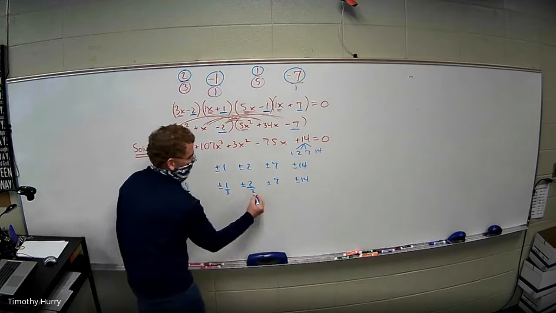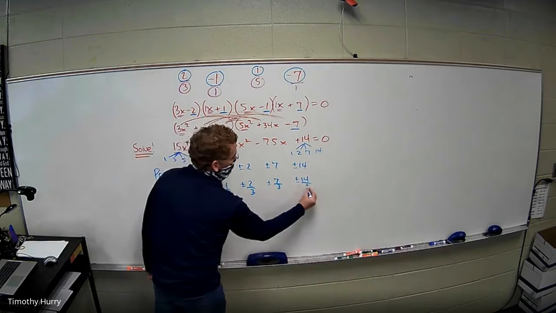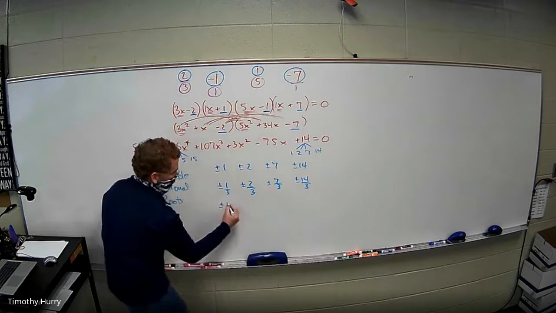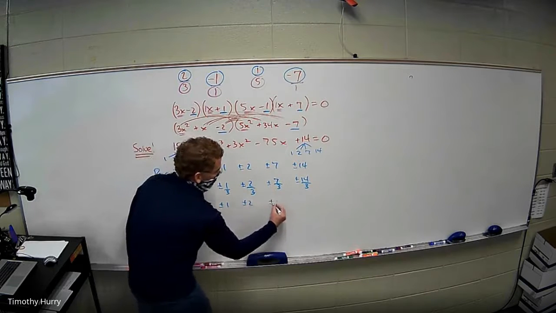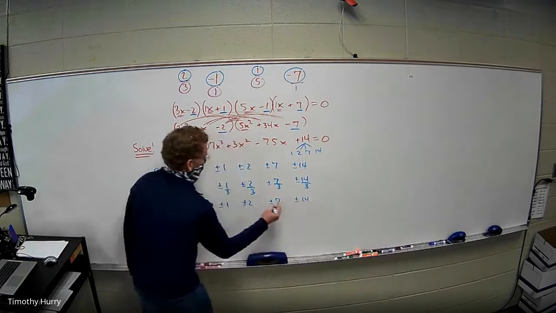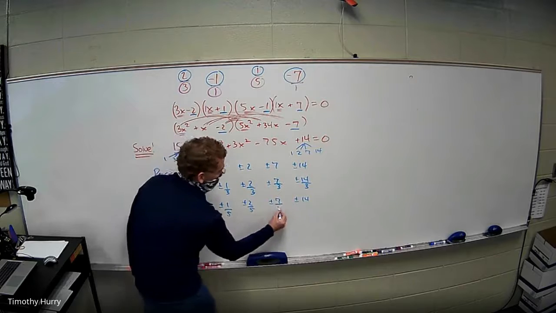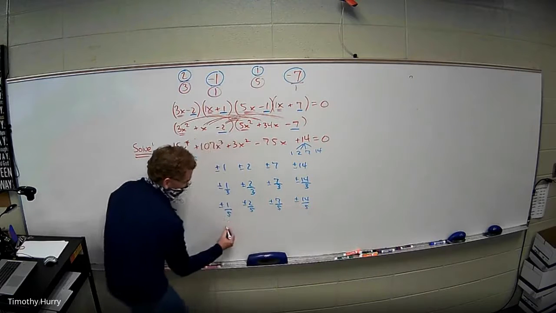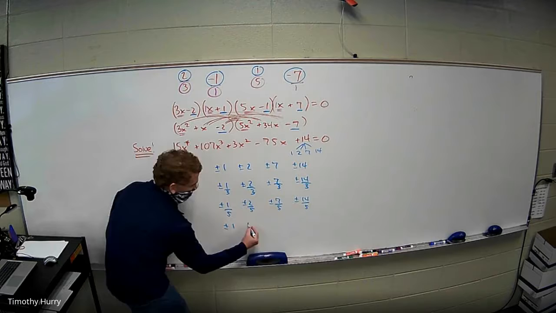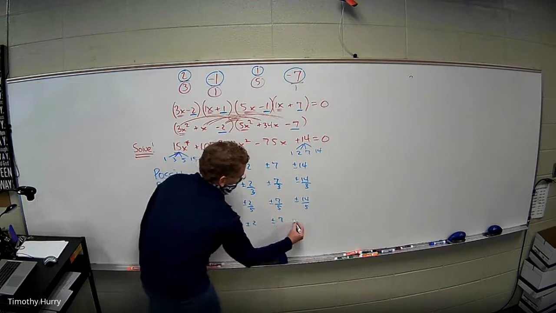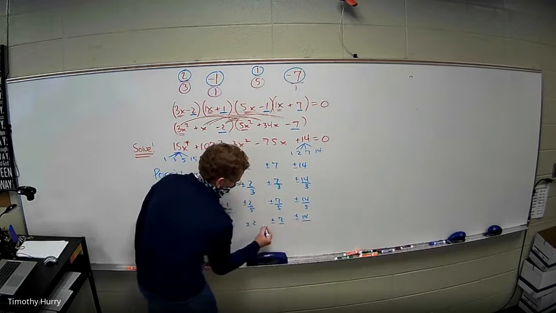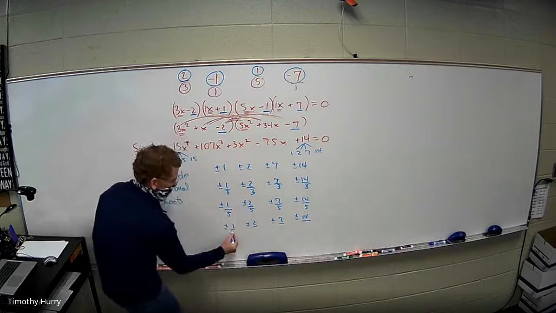So a third, 2/3, 7/3, 14/3. Plus or minus 1, plus or minus 2, plus or minus 7, plus or minus 14 over 5. So all of those fractions. And then finally, plus or minus 1, plus or minus 2, plus or minus 7, plus or minus 14 over 15.